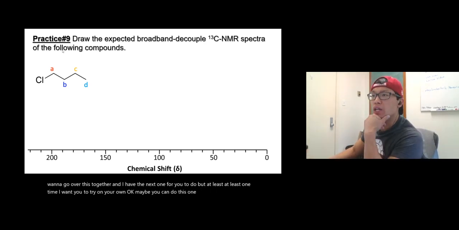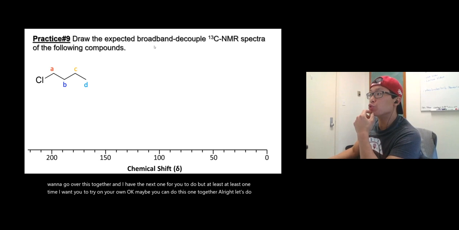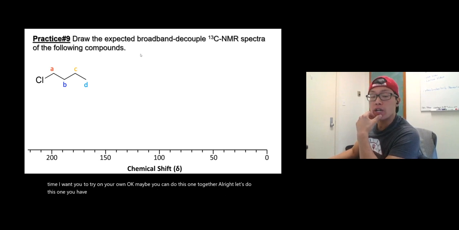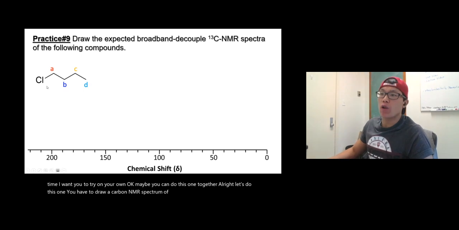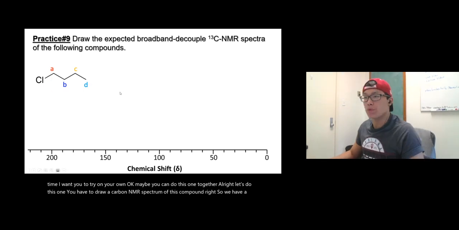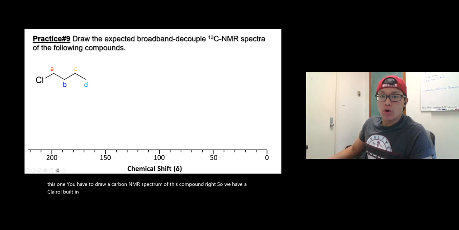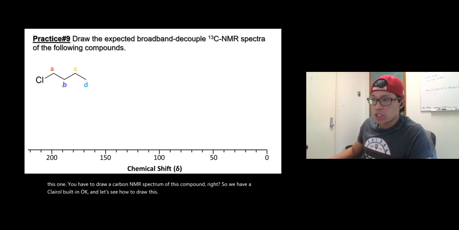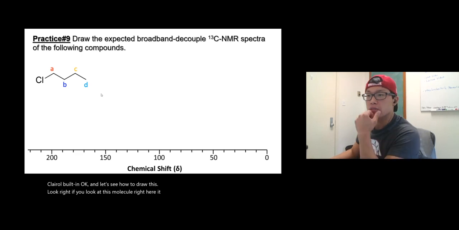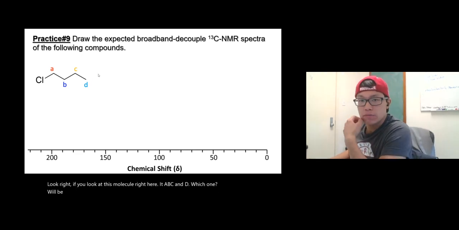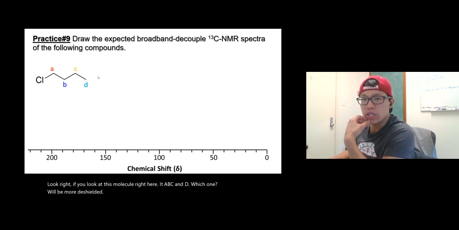All right, let's do this one. You have to draw a carbon NMR spectrum of this compound. So we have a chlorobutane, and let's see how to draw this. If you look at this molecule, A, B, C, and D, which one would be more deshielded?